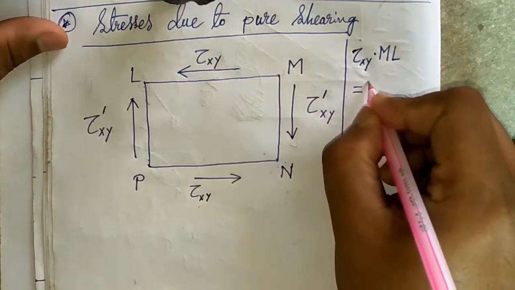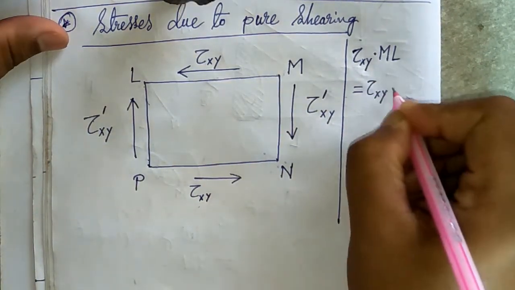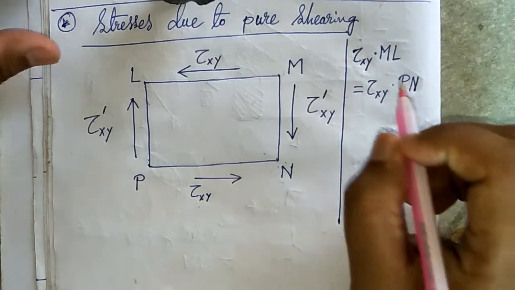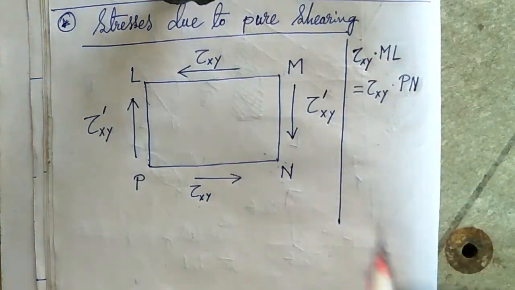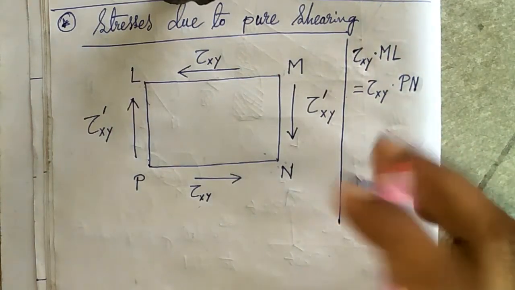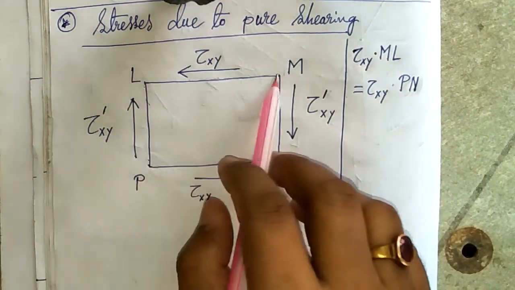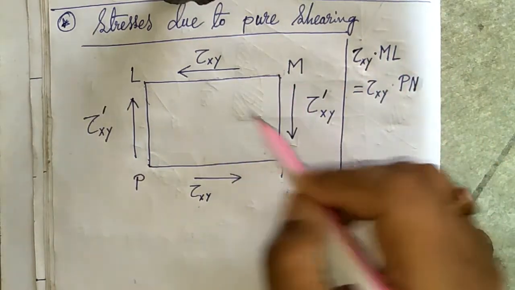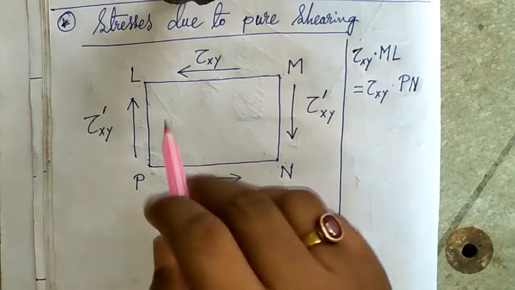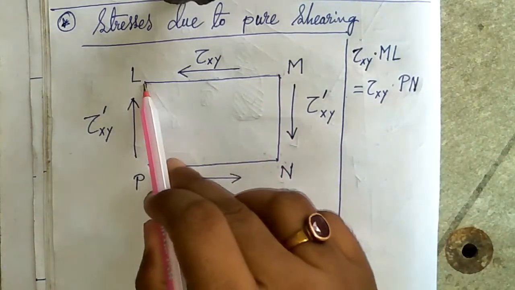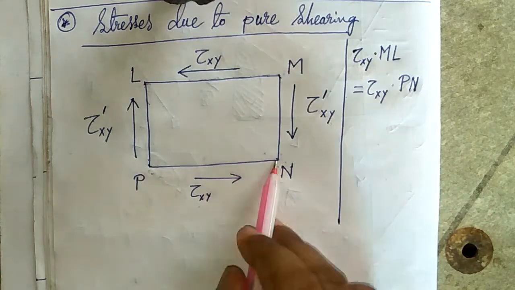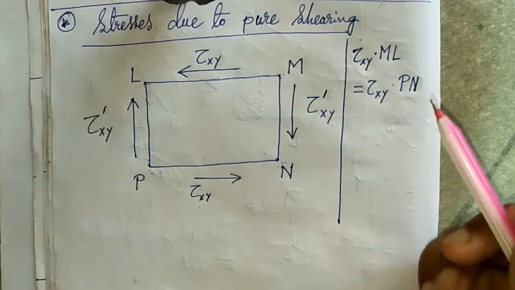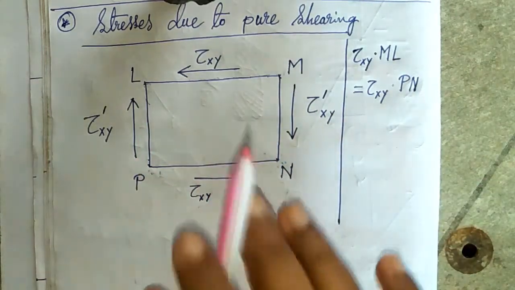Because the height is 1. So you can see there is no resultant force, because the force acting on this side and on this side is the same. Similarly, the force acting on this side and this side is the same, because it's a rectangular block. The length of LM and length of NP are the same, the length of MN and length of LP are the same, so no resultant force acts on this block.